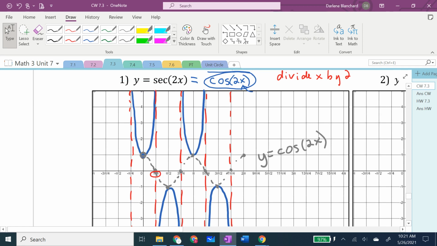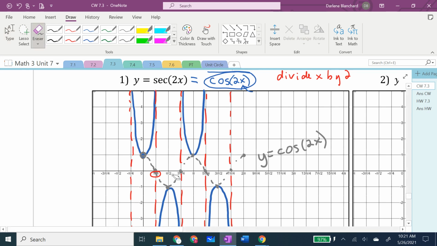What you could also do is stick with the graph of cosine x, graph secant of x, but then take that graph of secant x and divide all of its x's by 2 and squish it in. However you get to that final graph is how you get there.